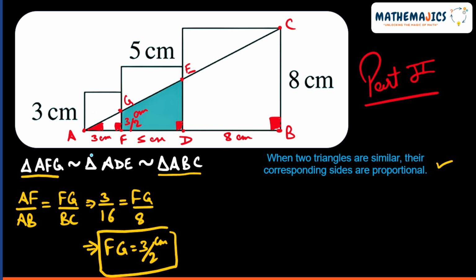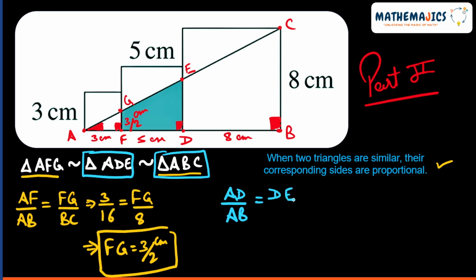Now, similarly, I'll be using triangle ADE and triangle ABC and applying this property. In triangle ADE, side AD upon side AB from triangle ABC is proportional to DE over BC. Correct? Now, what is AD?